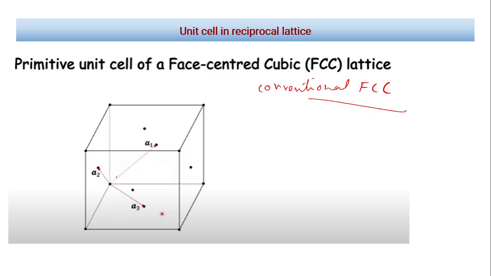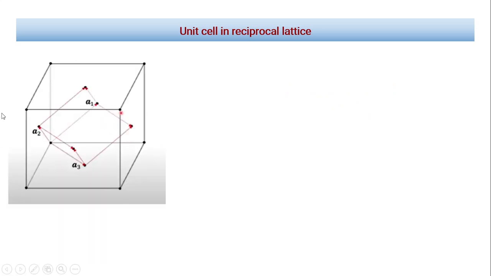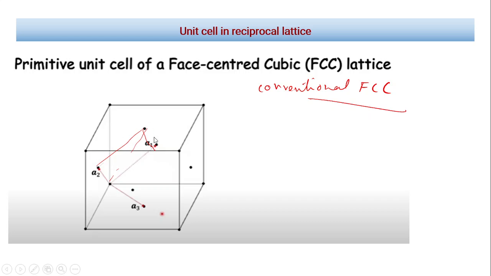Then again, I'll take the resultant by joining these sides, so I'll get something like this. These two will be joined, these two will be joined, and when I'm joining these A1, A2 here, it's reaching the face center atom of the top face.